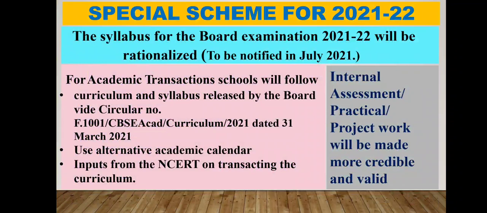For academic transaction, schools will follow the curriculum and syllabus released by the board as per the circular dated 31st March 2021. Schools can use the academic calendar released by CBSE, which was called the alternative academic calendar. Then there are inputs by NCERT on transacting the curriculum, that is learning outcome based education or learning objectives, etc.